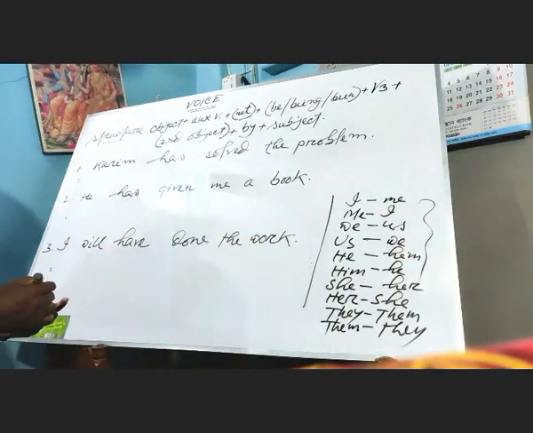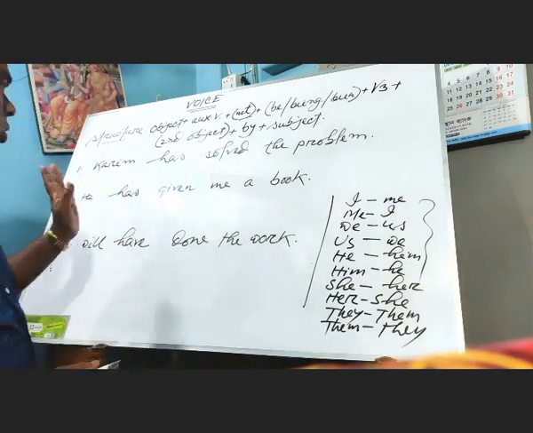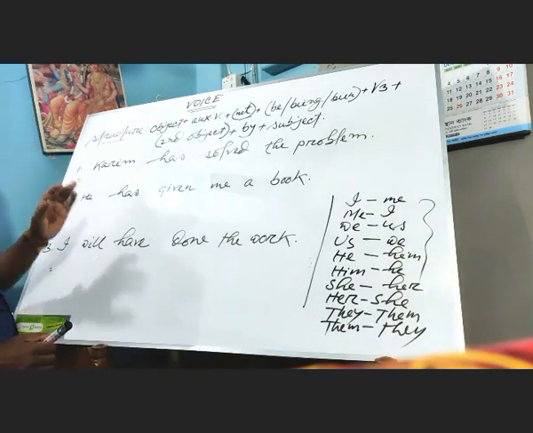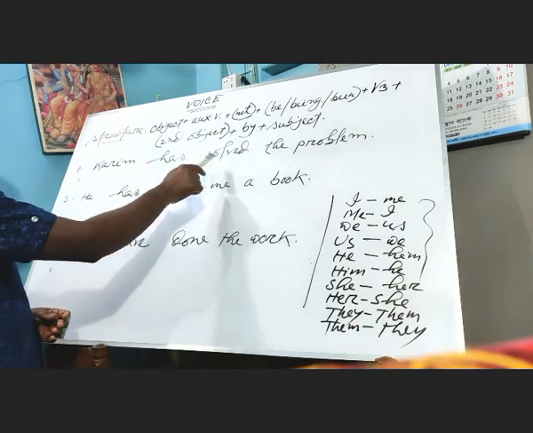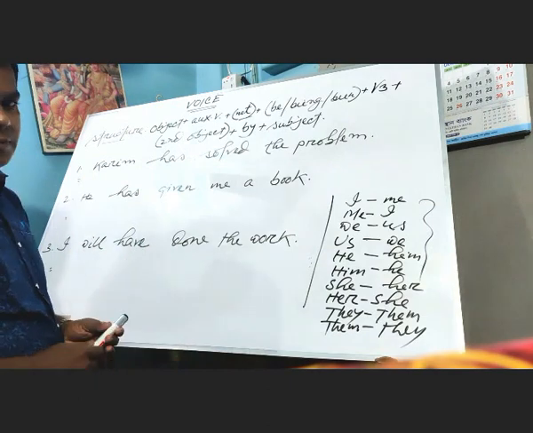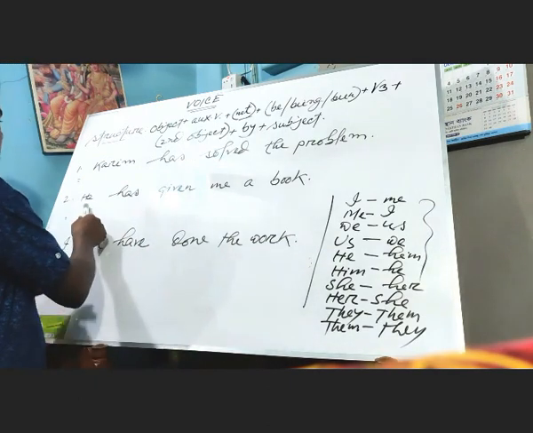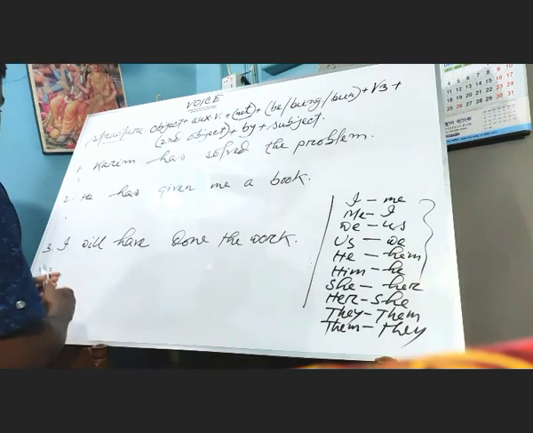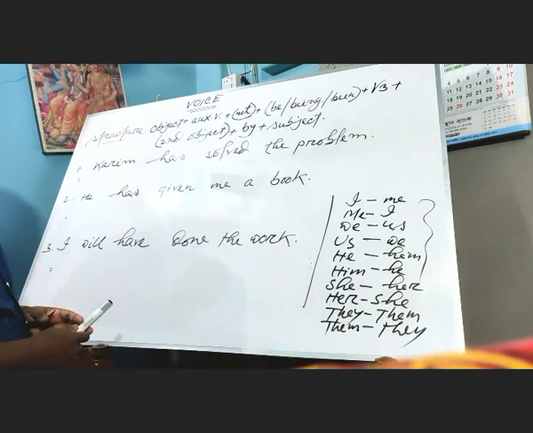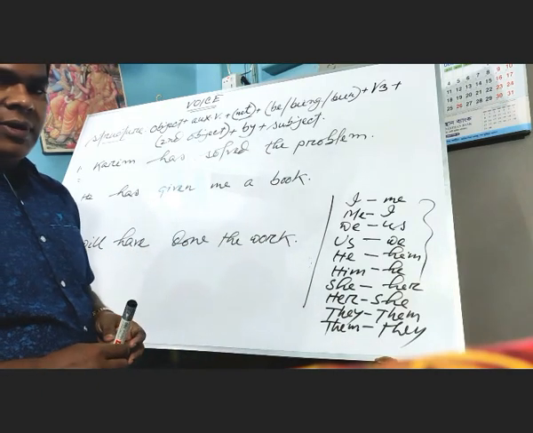Okay, boys, my beloved students, look here. Here I have given the 3 examples, and all the examples are from the perfect tense. Karim has solved, that means it is present perfect tense. He has given me a book, it is also present perfect tense. I will have done the work. This is an example from the future perfect tense.